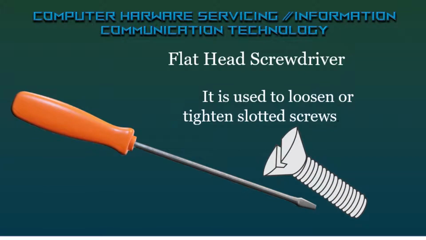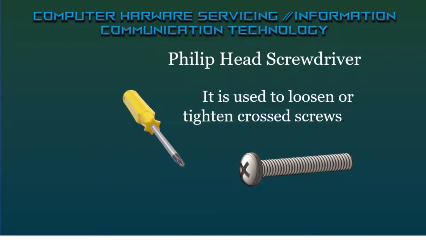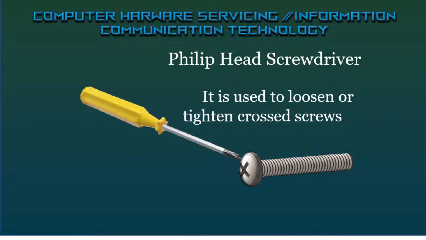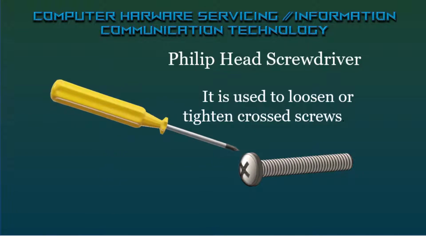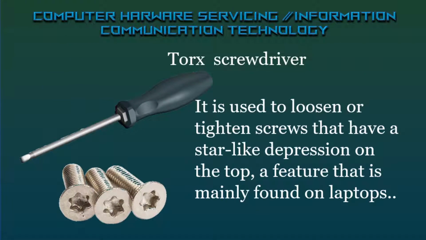Under the hand tools class we have the flathead screwdriver. It is used to loosen or tighten slotted screws. Next, the Phillips head screwdriver. It is used to loosen or tighten crossed screws. Torx screwdriver.